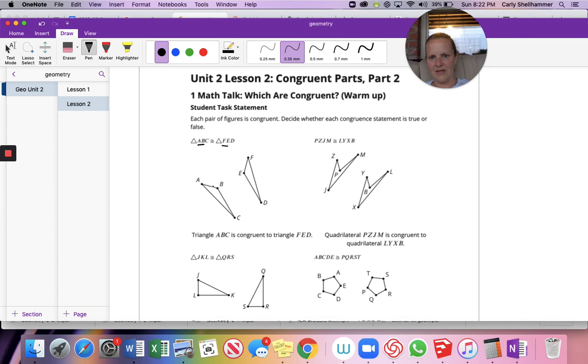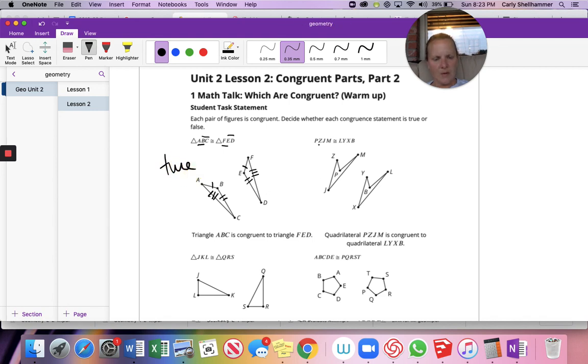AB, FE. Yep, those look to be the same length. Side BC is congruent to ED. Yep. And then beginning and end, AC, FD. Okay, so that seems to be a true statement.